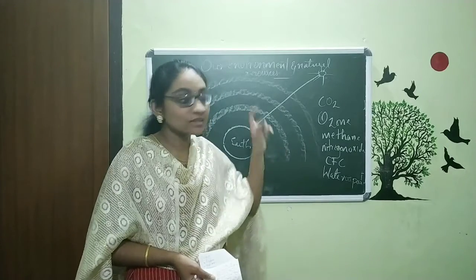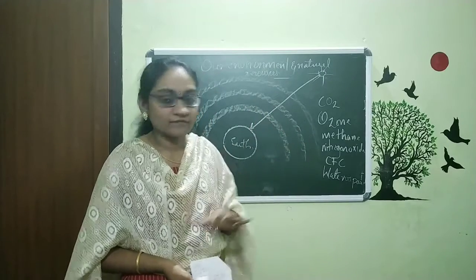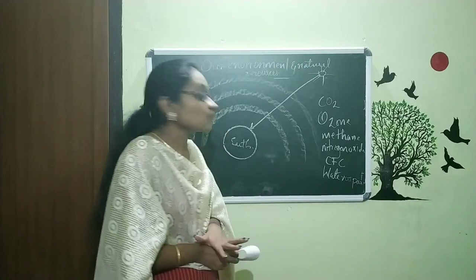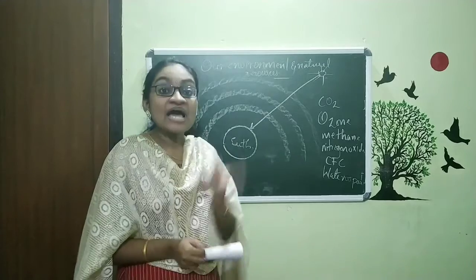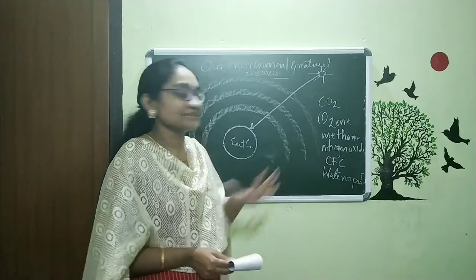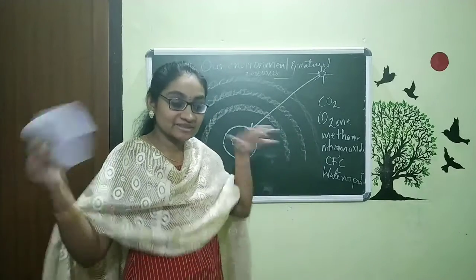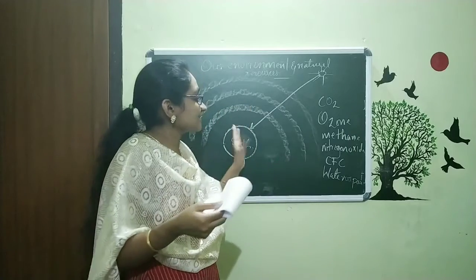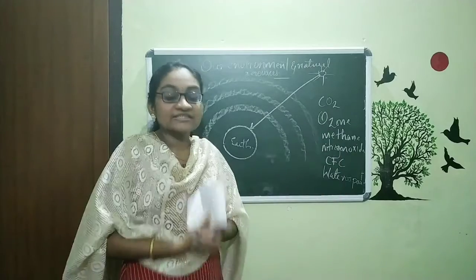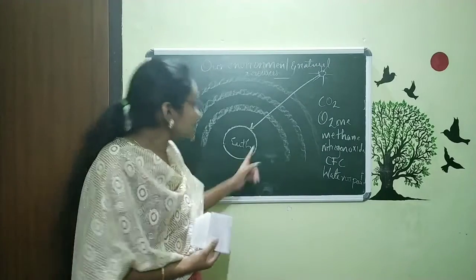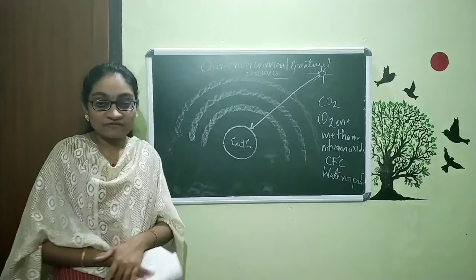CFC means chlorofluorocarbon. We already studied that. And water vapors. These all things are contained in our atmosphere, and so these gases block the temperature, so the heat is not allowed to escape from the surface of Earth. And here also the same greenhouse effect happens.